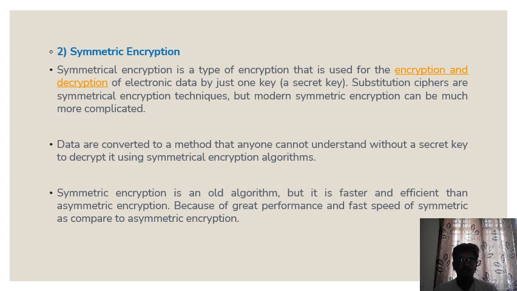Data is converted to a form that no one can understand without a secret key to decrypt it using symmetric encryption algorithms. Symmetric encryption is an old algorithm, but it is faster and more efficient than asymmetric encryption because of its great performance and fast speed as compared to asymmetric encryption.